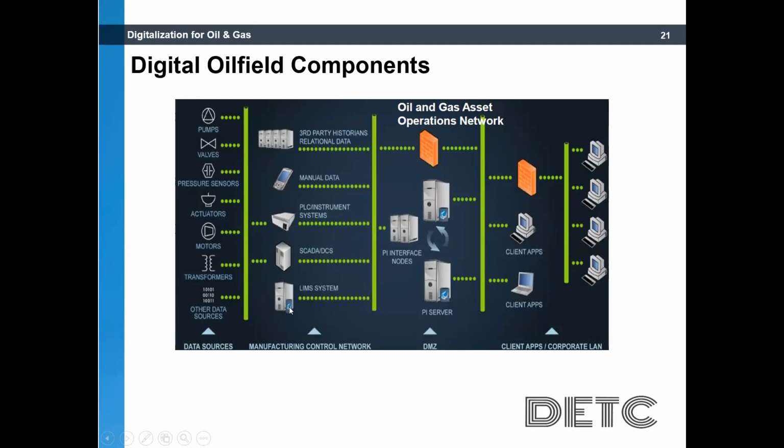And then we get the control network, where you basically control the equipment that you have here, as well as enable the data analysis to make decisions and send feedback. And this is the demilitarized zone, where we basically have the cyber security protection, and then moving to the client and corporate local area network, where the business aspects are carried out.